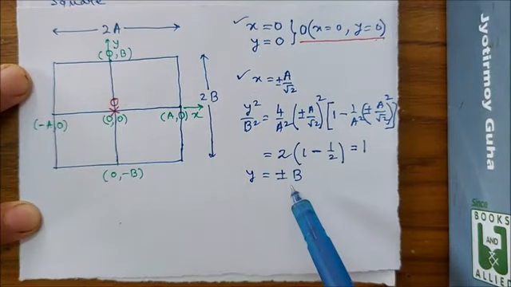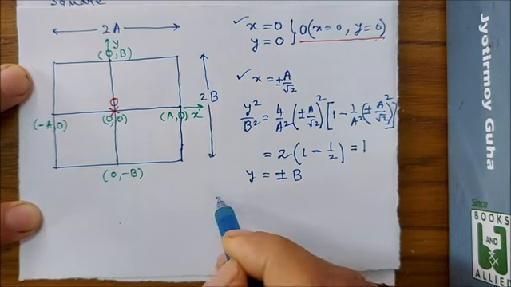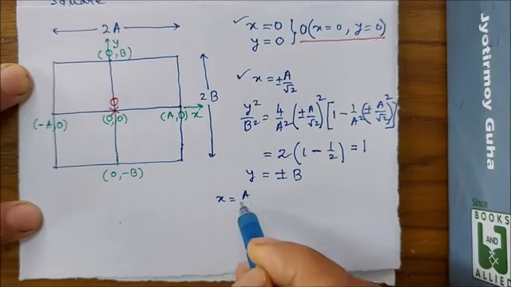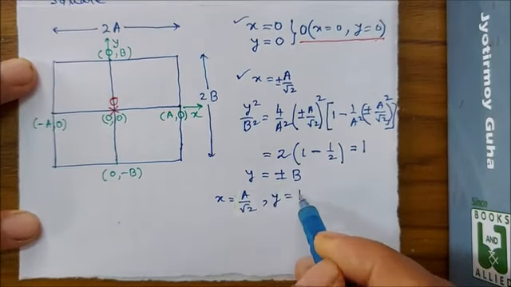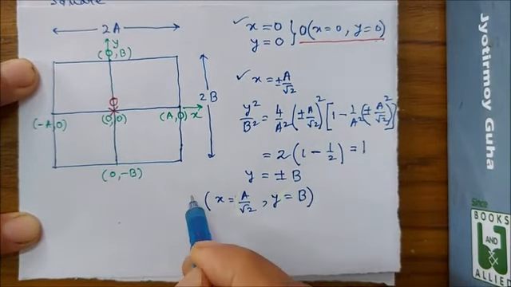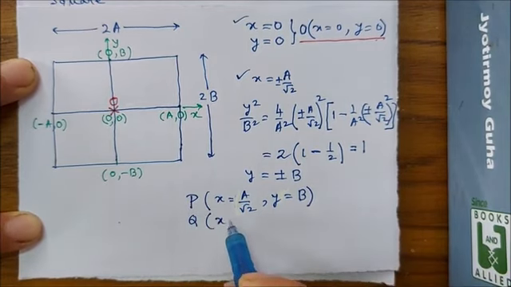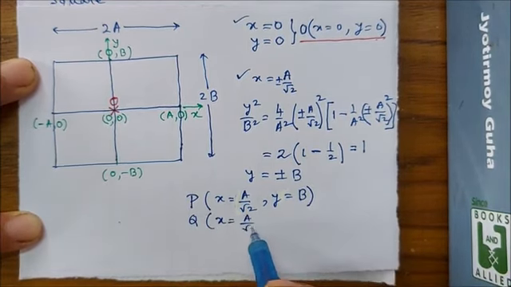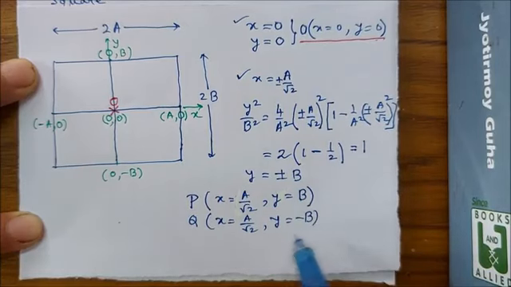So these values lead to 4 points through which the Lissajous pattern would pass, and they are x equal to a by root 2 and y equal to b. So this is one point, and let us call it point P. The other points are, say, Q. Now we take y is minus b.